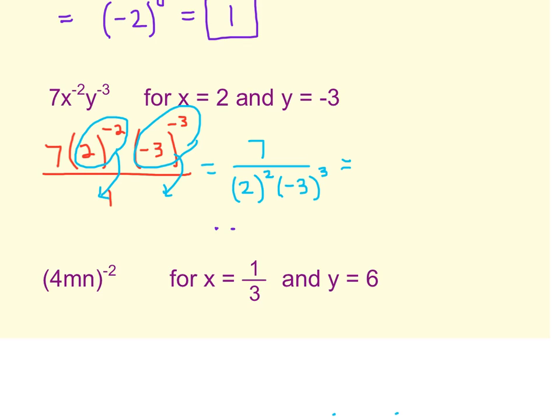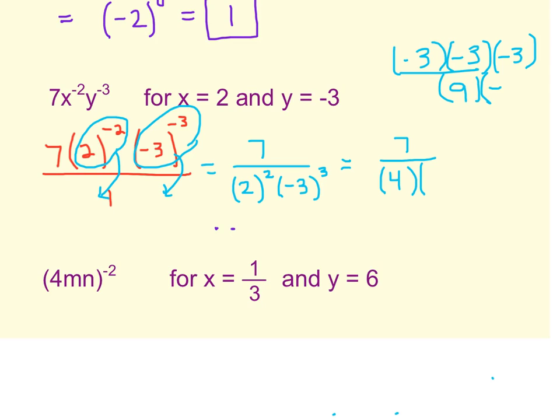All right, so when we simplify, the 7's good on top. On the bottom, do we know what 2 squared is? So that's 2 times 2, which is 4. And then how about negative 3 to the third? That's saying to multiply negative 3 times negative 3, which is a positive 9, times one more negative 3 is a negative 27.